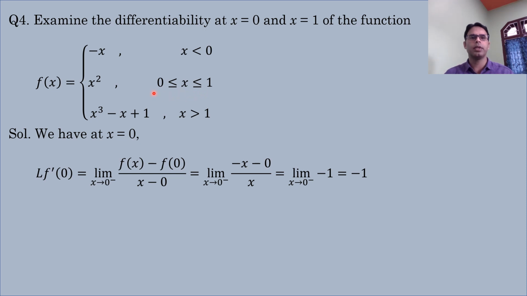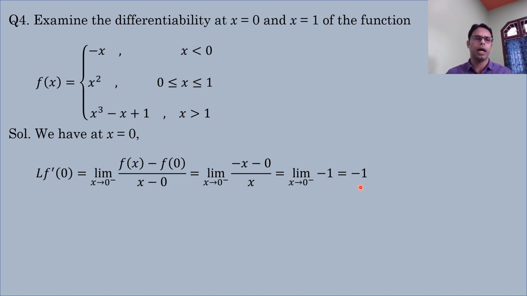So replace x equal to 0 in the definition, f(0) will be 0 square, which is obviously 0, divided by x minus 0. So x and x cancel, and we have only minus 1. This minus 1 is a constant, so we need not convert this limit in terms of h, it is simply equal to minus 1.